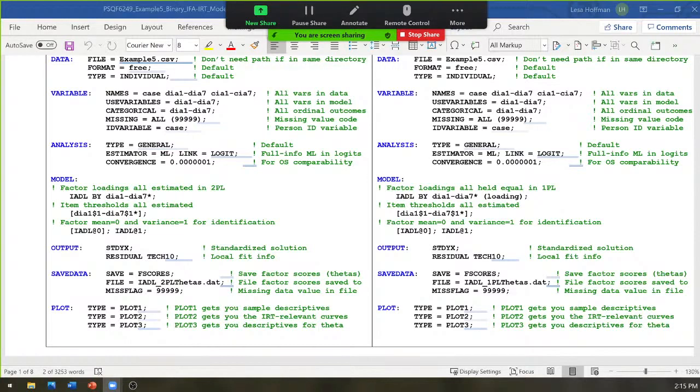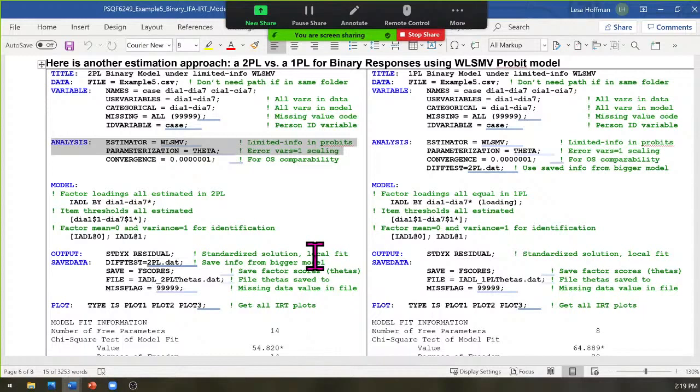Treating your items as categorical is the thing that matters, because that means you are using a logit or probit link to make sure the predicted outcome is within the bounds of what it's supposed to be. And that translates into a nonlinear effect of theta instead of a linear effect of theta, which translates into reliability that depends on where you are in the trait. So all of those things go with the idea of treating it as categorical.